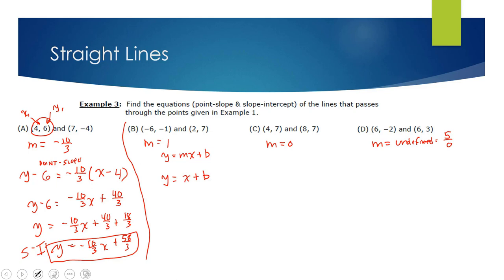I'm still going to pick one point, and I'll pick the first one. That's what I'm going to do for all of them. When I pick the first one, I'm just going to substitute it in. This is an x-coordinate. This is a y-coordinate. So negative 1 is what y equals when x equals negative 6. To solve this, I have to add 6 to both sides, and I get that b is 5. So my equation in slope-intercept form is y equals x plus 5.